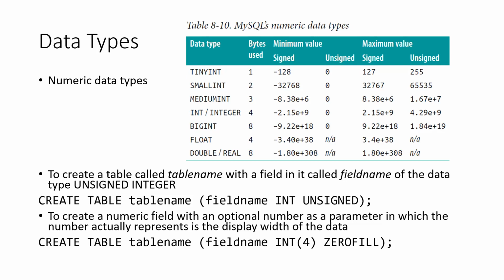Then if you say unsigned, which indicates that you are going to store only positive values, it goes from 0 to 255. So depending on the range of numbers that you are going to store, you can define what data type you would like to use, right? For example, tiny int will use only 1 byte, whereas int, which is a common use, will allocate 4 bytes, right?